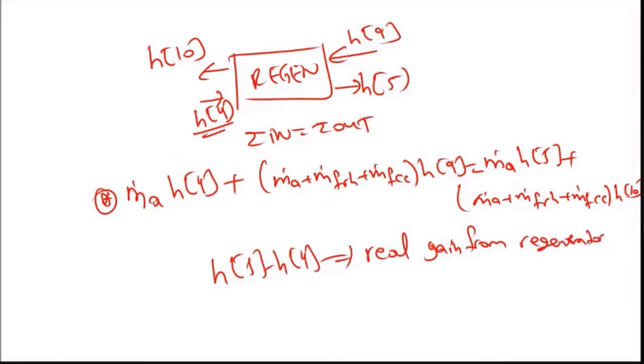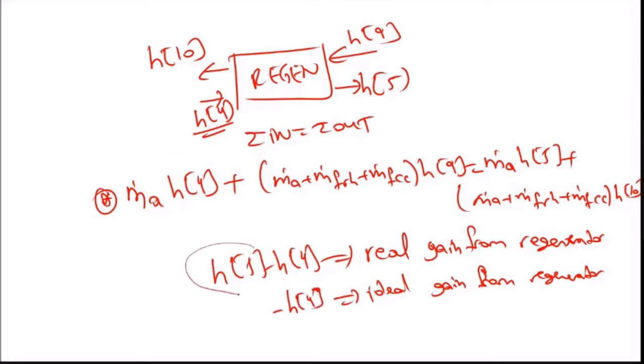But ideal would be, if it is ideal, that H4 is the same, but H5 leaves the system at the temperature of 9. So it means that enthalpy of air at T equals T9, because this is the maximum that the regenerator can give to the working fluid.